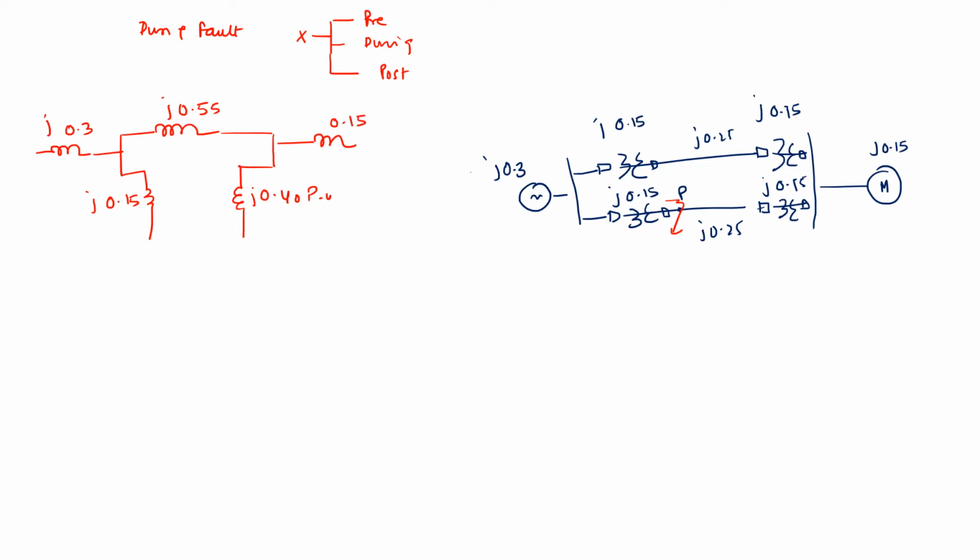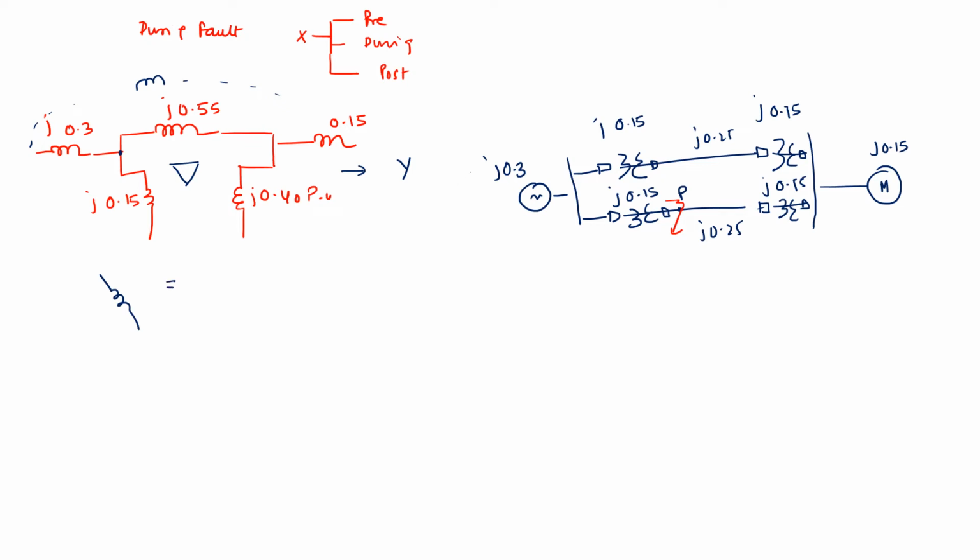Now, what we need to do? We need to calculate the value of the reactance which is connected from this sending end to the receiving end. So, for simplifying this circuit, we need to solve this delta and convert it into the star problem. When we want to find the connected star element, the connected reactances are 0.5 and 0.55.